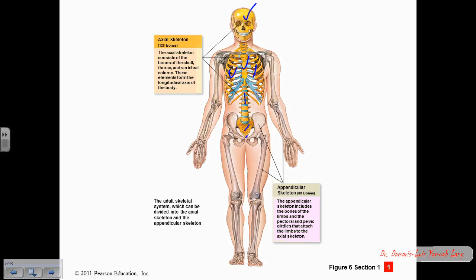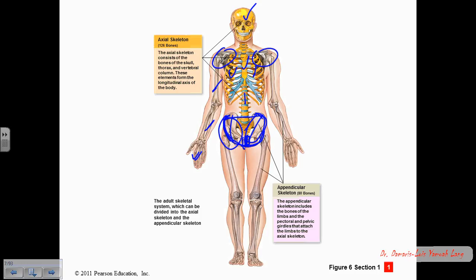And then the appendicular skeleton is the girdles, which is the pectoral girdles, the shoulder girdles, which include the clavicle and scapula, and then the upper limbs, which is the arm, forearm, and the hand, which contains the phalanges, the carpal bones, the ulna and radius, the humerus bones, and then the other part of the appendicular skeleton is the hip bones, known as the pelvic bones, which is these three fused bones, 3 here, 3 here, so a total of 6, which connect by a cartilage over here called pubic symphysis.